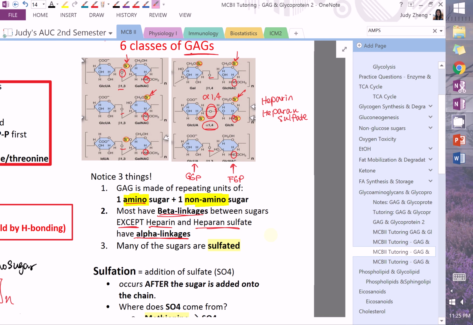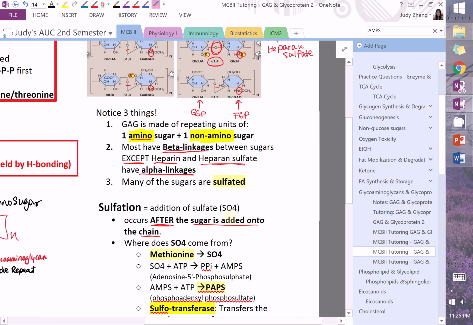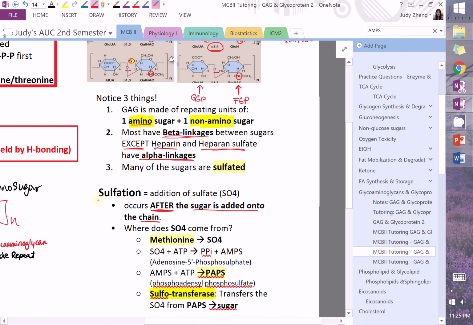If you recall, there were no steps that actually added the sulfate groups on. The sulfate groups are added after the sugar is already added onto the chain. It's a process called sulfation, and it's done by an enzyme called sulfotransferase.